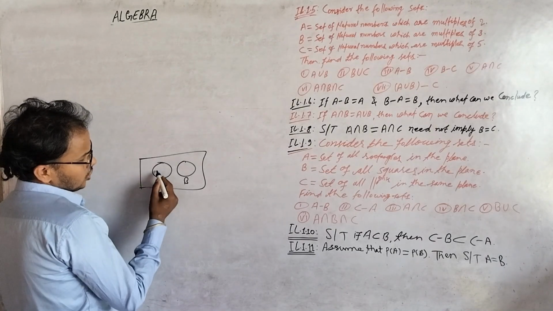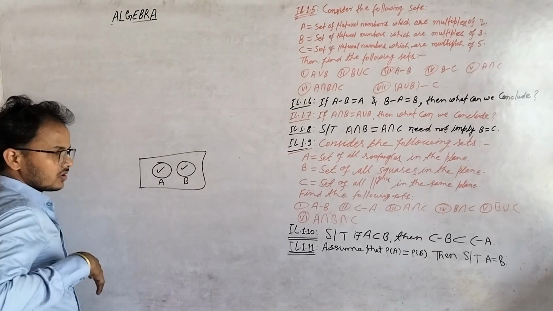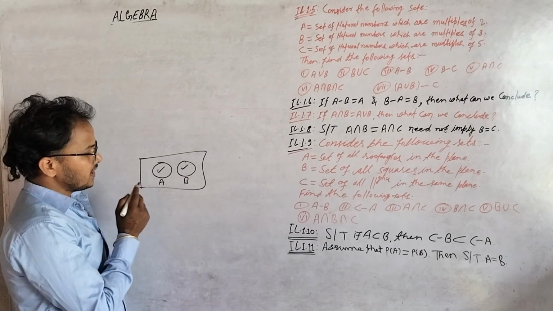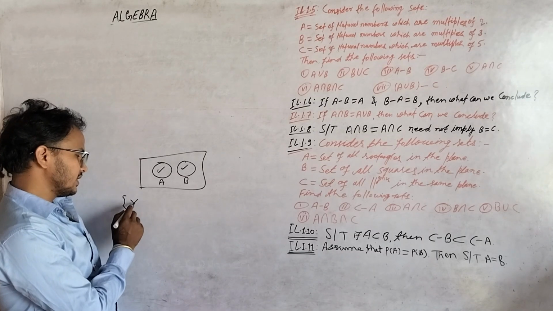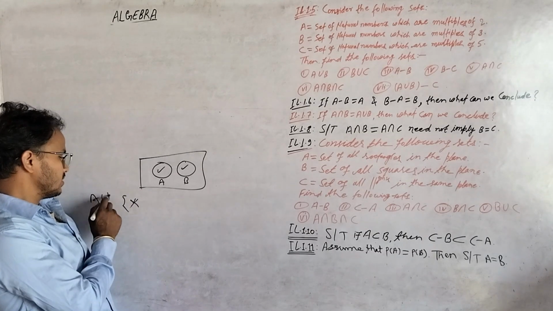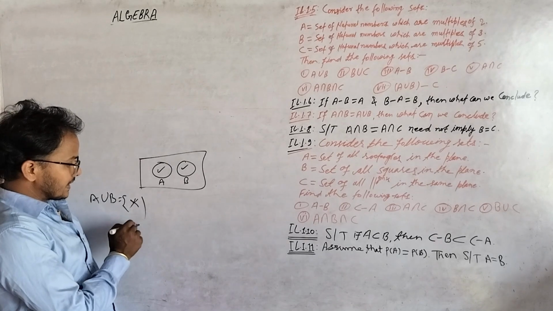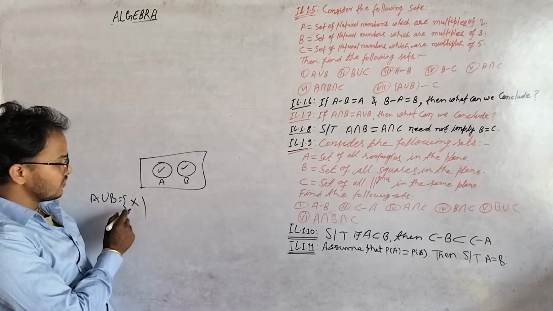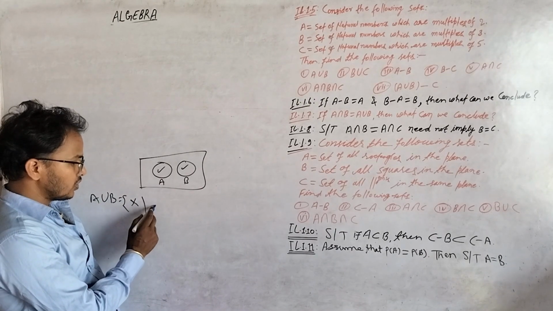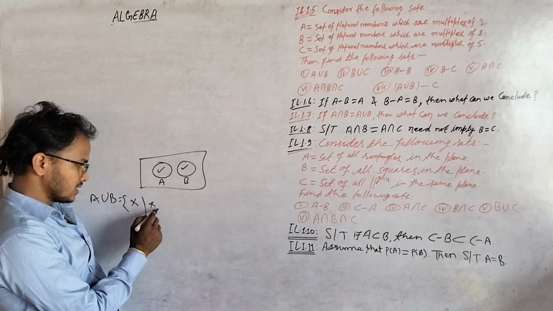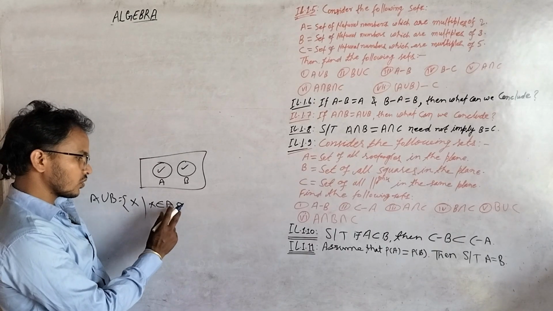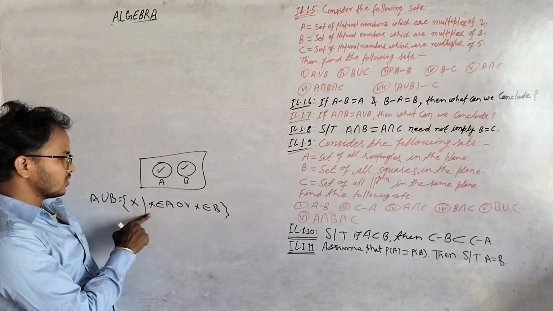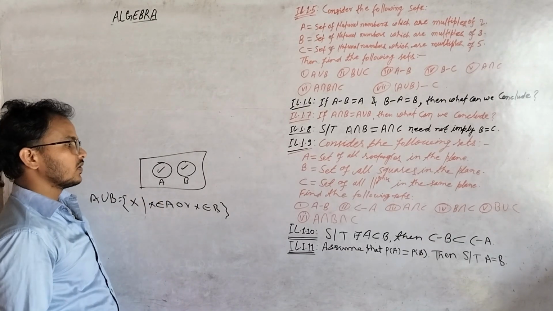A union B means the collection of all the elements of set A and set B, once only. Generally, A union B is the collection of those elements which belong to either A or B, that is, x belongs to A or x belongs to B. We represent it through the diagram here.